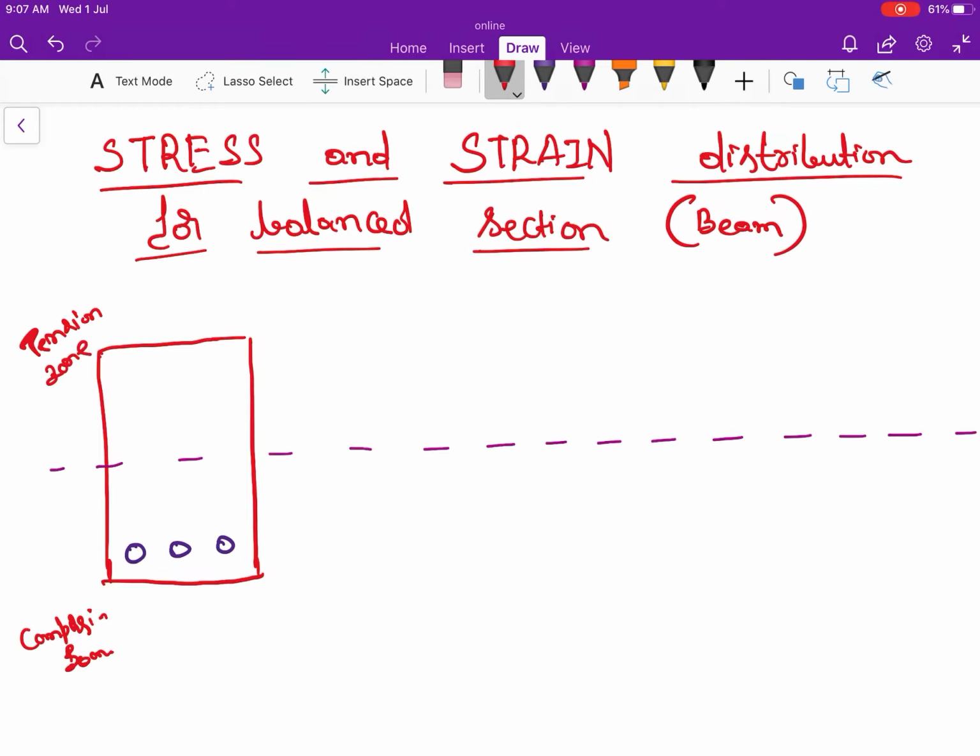Whenever the reinforcement is provided only on one side, it is called a singly reinforced beam. Sometimes, in addition to this, reinforcement is given at the other position as well; this type of condition is called a doubly reinforced beam.